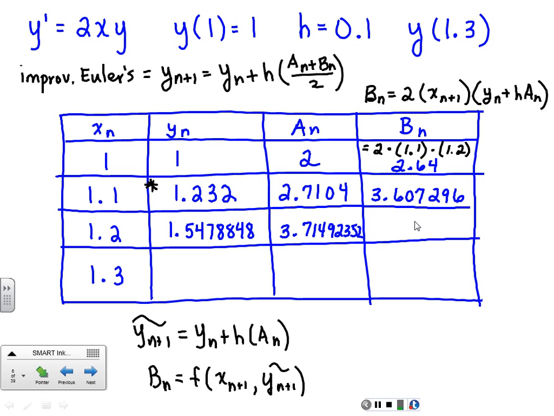Okay, this is the hard one right here, b sub n, so I'm going to go backwards again. So y sub n was this 1.54788848 plus 0.1 times the a sub n, which was the 3.71492352 equals, okay, times x next, 1.3 times 2.